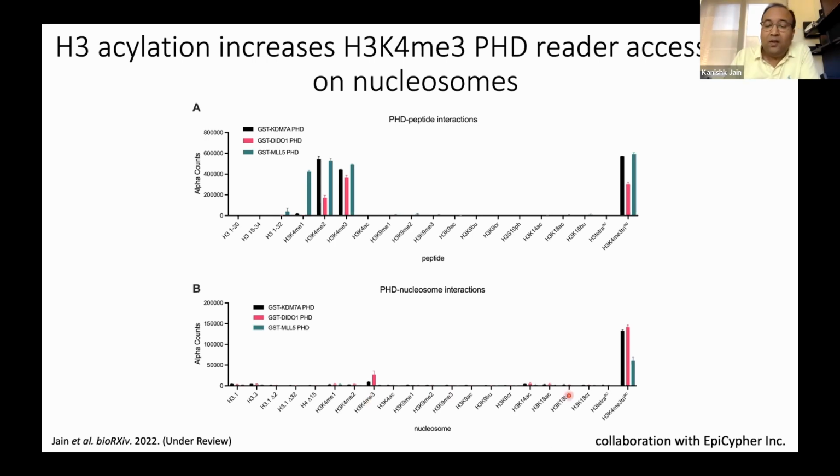There's some, but it is significantly higher when those tails are also acetylated in cis on the same tail. So the NMR studies from Emma Morrison looking at BPTF hold with other proteins as well.